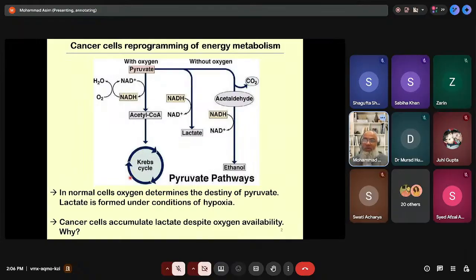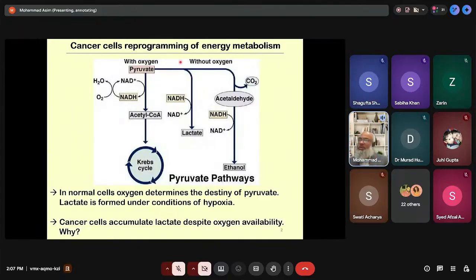They don't have any problem getting oxygen supply. Why am I saying oxygen supply? Because many of these pathways which allow cancer cells to secrete acid into their environment are carried out through glycolysis. And what happens in glycolysis is shown on your screen, that cancer cells prefer.